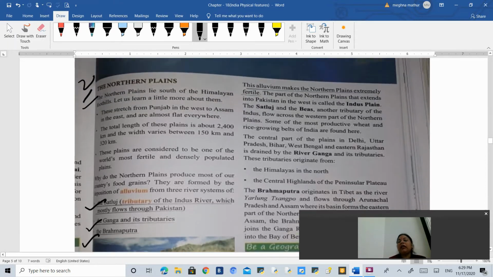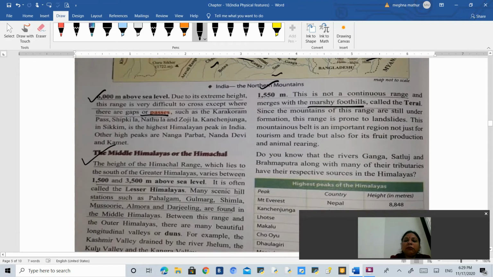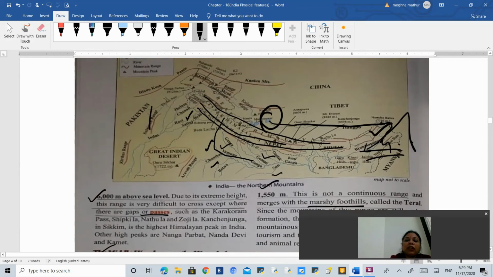That is why the whole northern plain area is divided into three areas. The first is the Indus plain area, meaning this area from Punjab till here. Then we have the Ganga plain, because this area is covered by river Ganga, and this area is covered by Brahmaputra.